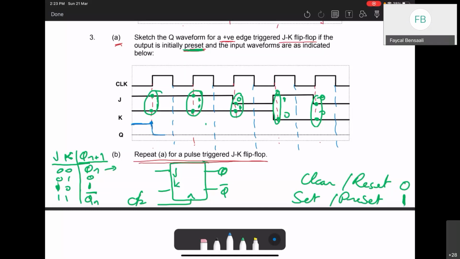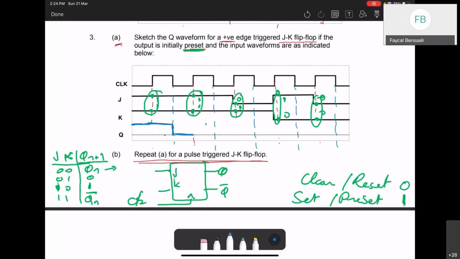If I do it here, then it's positive edge triggered, not pulse triggered. So I leave this as it is until the falling edge, then I will update it. Here it goes to 0. This is the difference between positive edge triggered and pulse triggered.